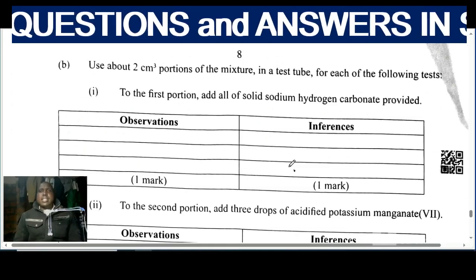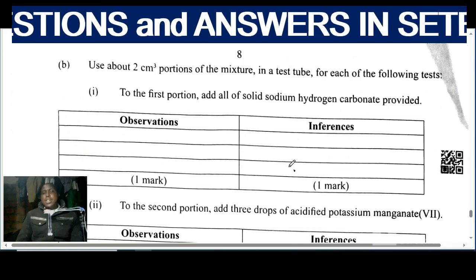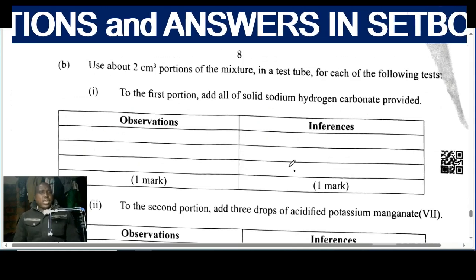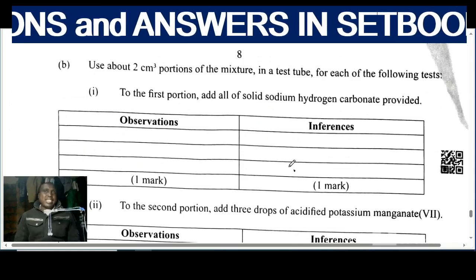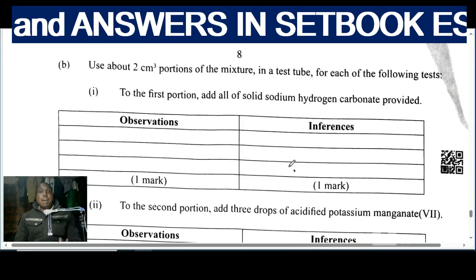To the first portion, add sodium hydrogen carbonate. Sodium hydrogen carbonate is testing for the presence of an organic acid. So we expect effervescence, bubbles of a colorless gas produced.